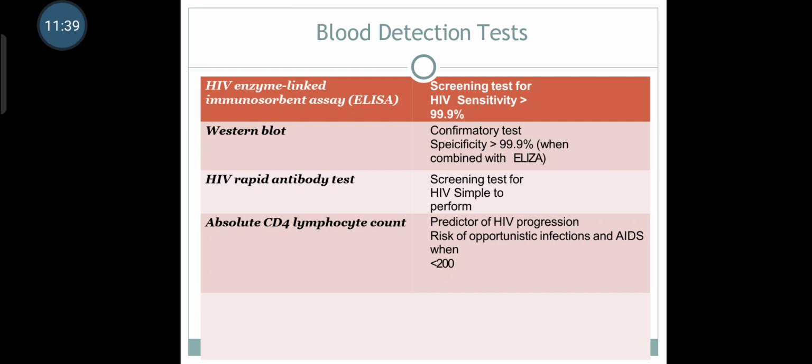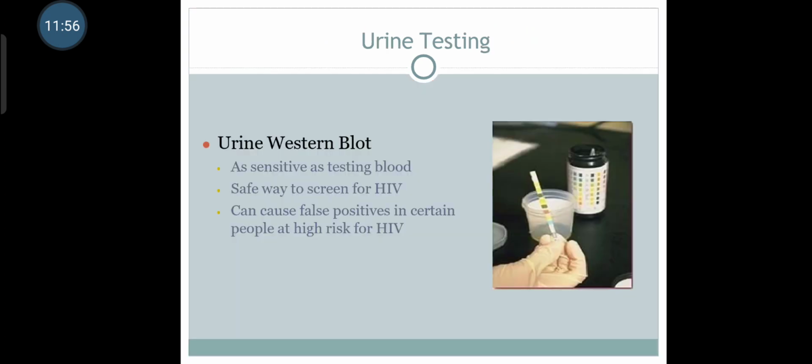HIV rapid antibody tests are used to screen for HIV. Then absolute CD4 cell count or lymphocyte count. When the CD4 cell count goes below 500, then we can predict that HIV infection has been caused.